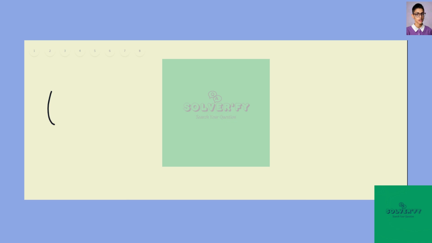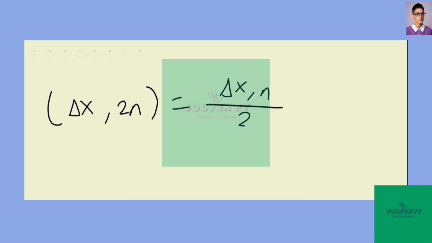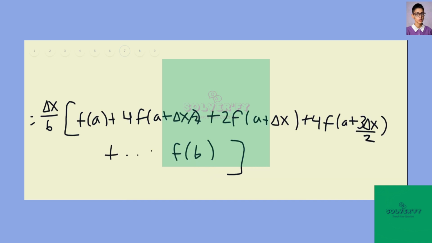Because remember, delta x of the 2n is equal to delta x of the n divided by 2. So the delta x over 3 in the normal Simpson's rule becomes delta x over 6 if we double the amount of subintervals. So again, looking at this final sum, I'll just rewrite it one more time.